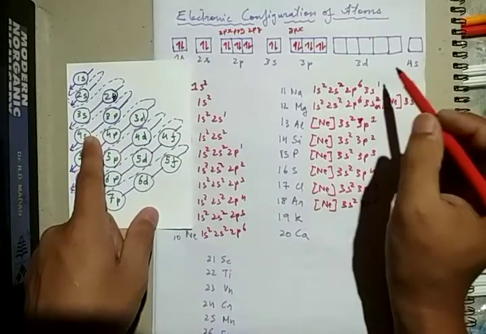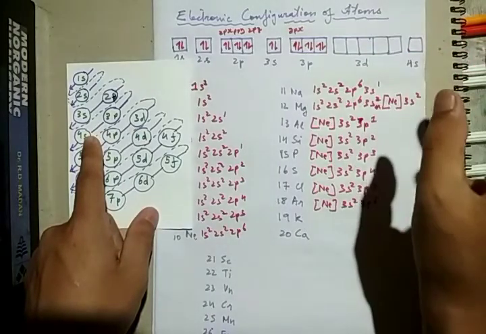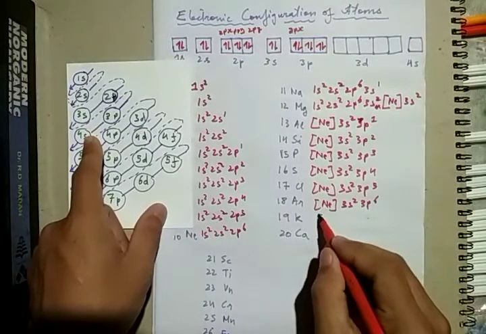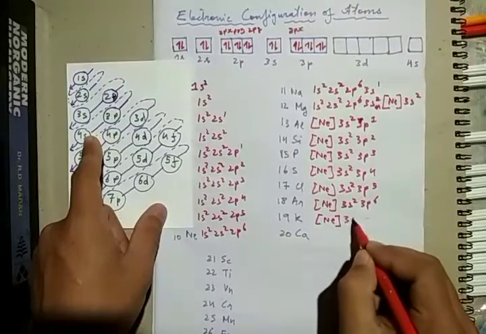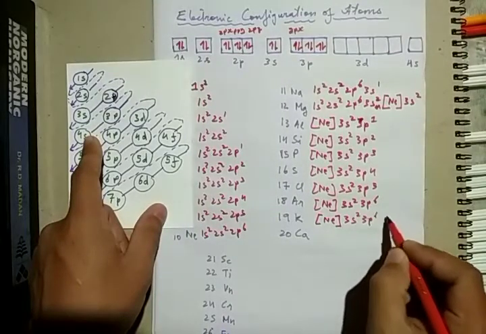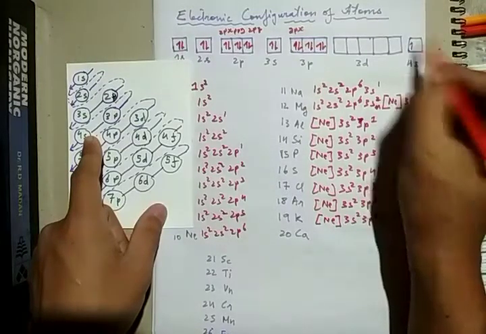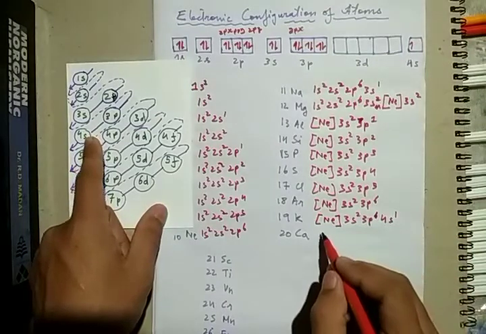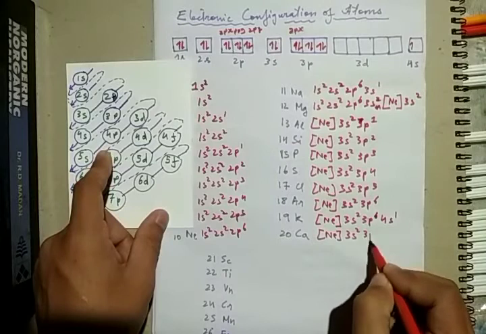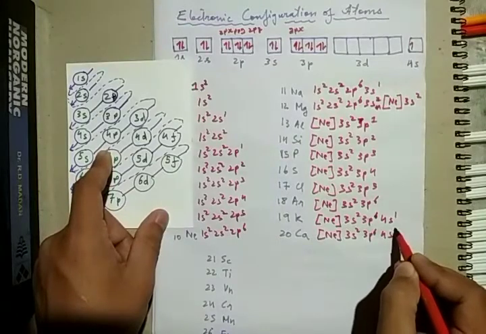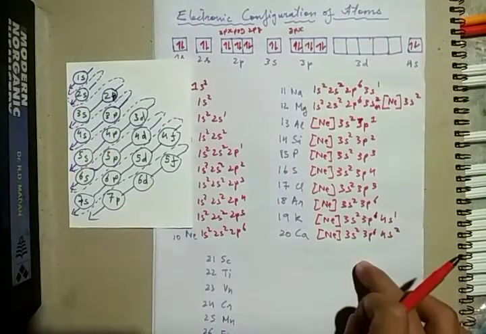So in this case, instead of 3d, 4s will be filled first. So 3s2, 3p6, and then 4s1, 1 electron. And then 3s2, 3p6, 4s2. So we fill the s orbital.